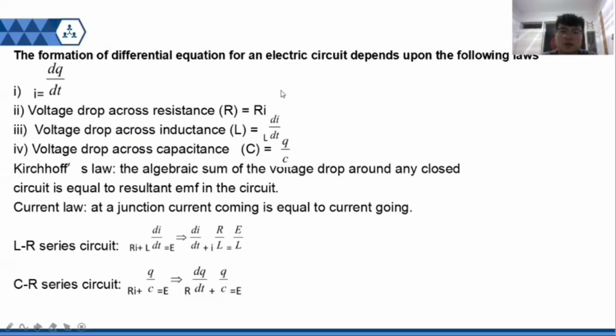These are some basic laws for electric circuits, like I equals dq/dt, the voltage drop across resistance, and the voltage drop across inductance and capacitance. There are two laws, Kirchhoff's voltage law and current law. And there are two equations for the two kinds of series circuit.